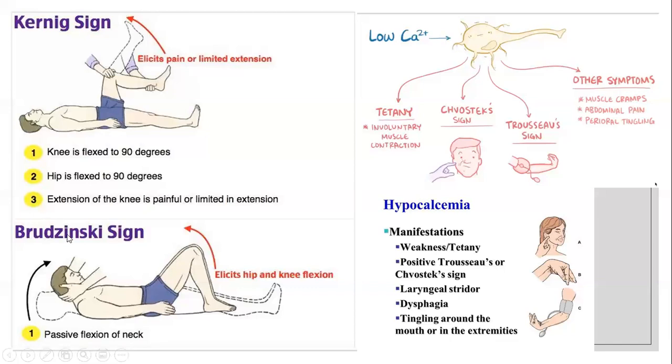The other sign is called Brudzinski's sign. So neck stiffness, positive flexion of the neck, right? So for the meningitis sign, Brudzinski, or we call nuchal rigidity.